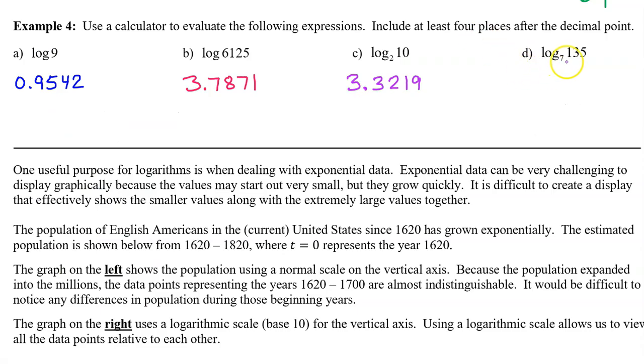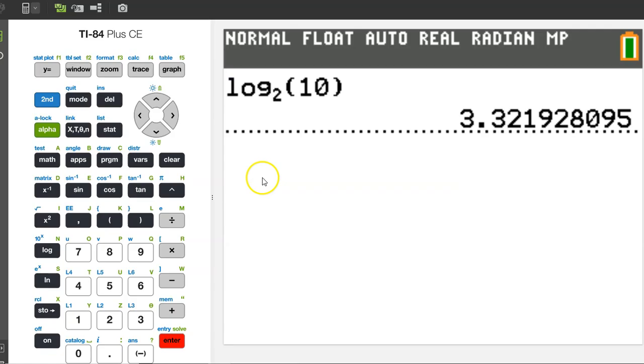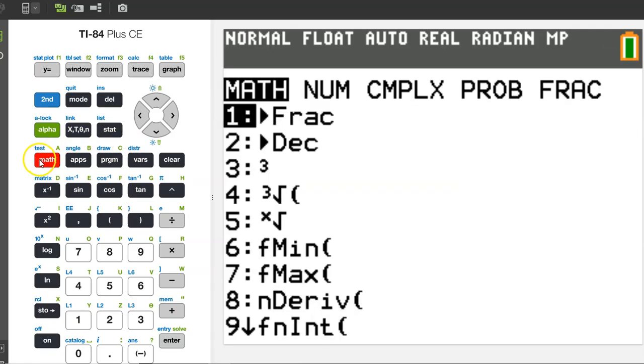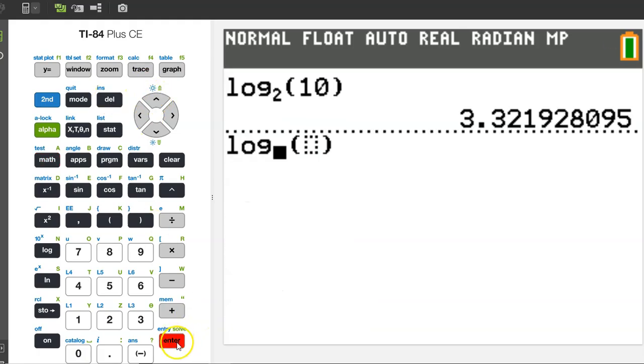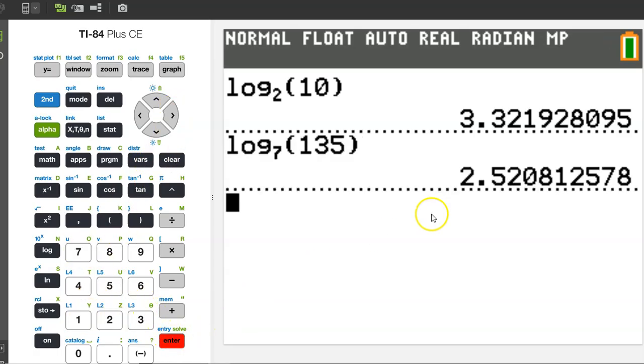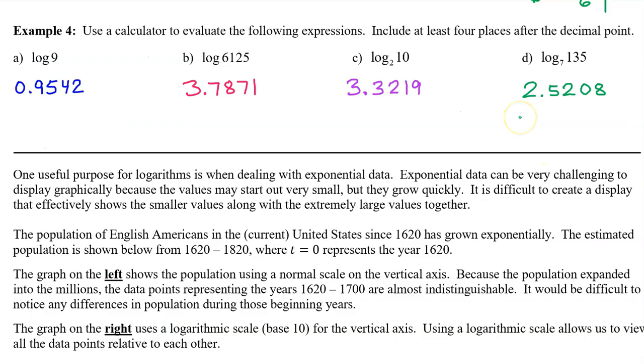Let's do that again for the log base 7 of 135. Hit that math button, go up until you get right here. Now we can type the log base 7 of 135. 2.5208. That's it for example 4.